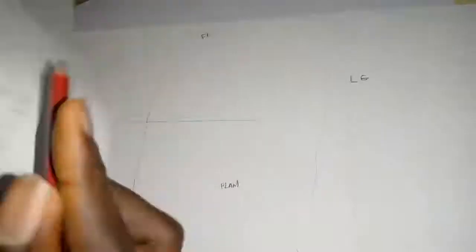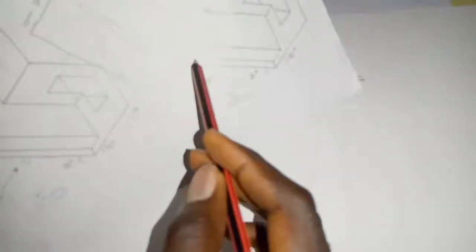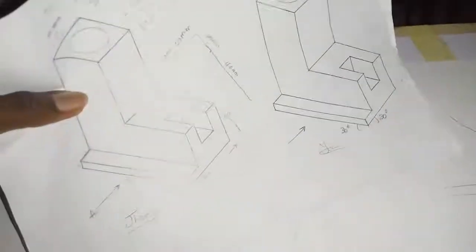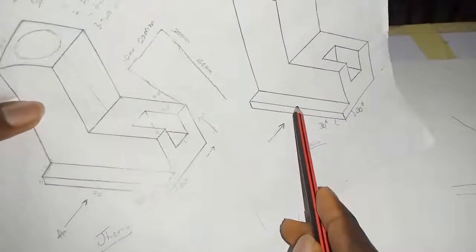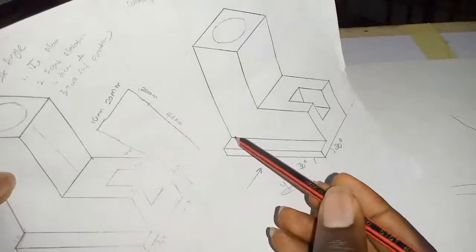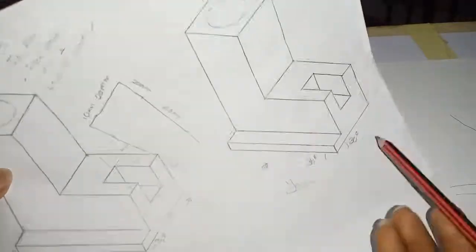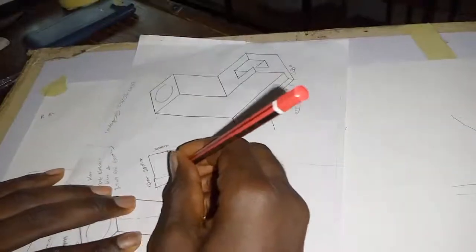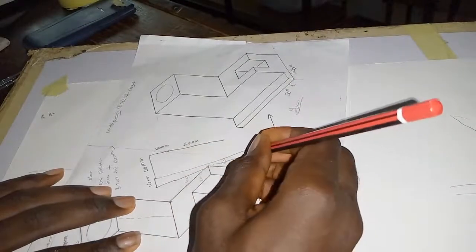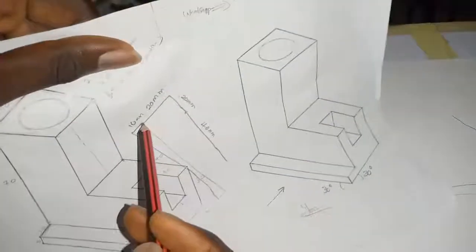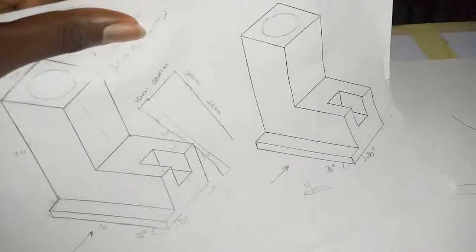So this line at the top, this is it here. Then you notice there's another line here, and the distance between here and here is just 10. So this is the 10 here, okay? So you now draw your 10 down. So you can see this line from here to here is just 10. Alright, we've gotten that part.